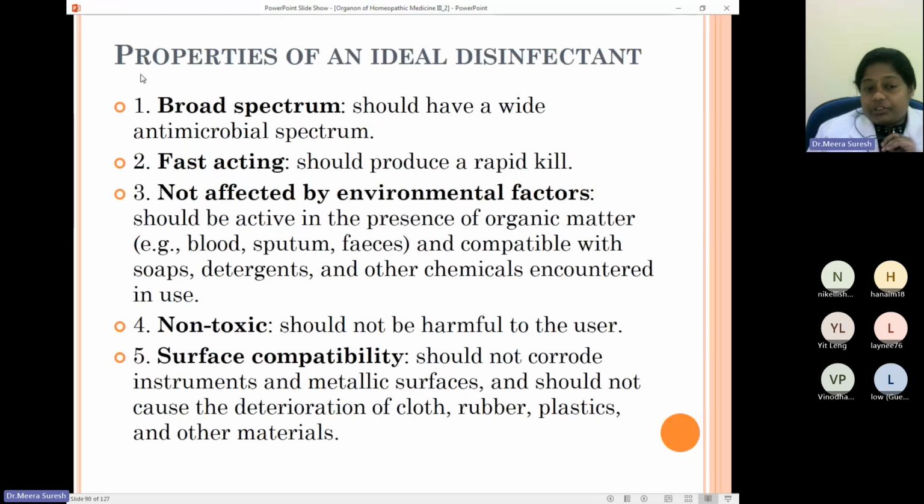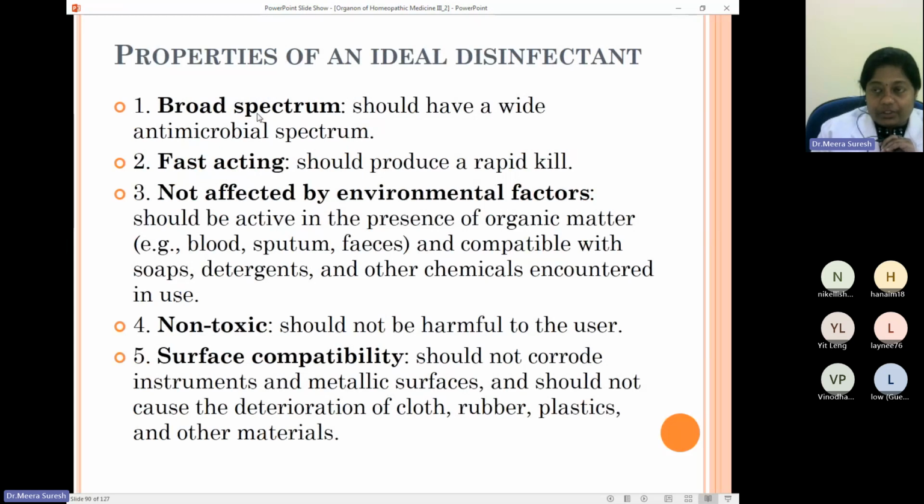The first property of an ideal disinfectant is that it should be broad spectrum. You will know from microbiology what broad spectrum is. Even for antibiotics, in allopathic treatment they use the term broad spectrum, which means it should be able to kill a large number of microorganisms.